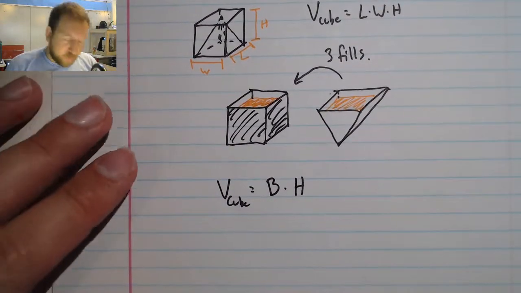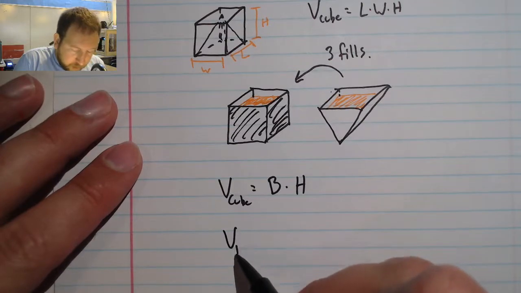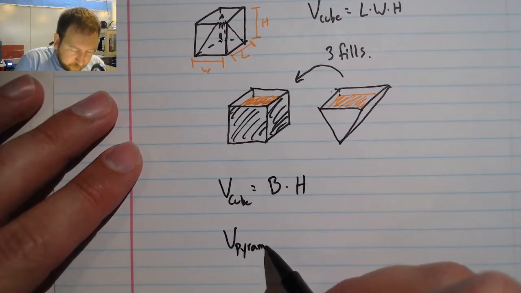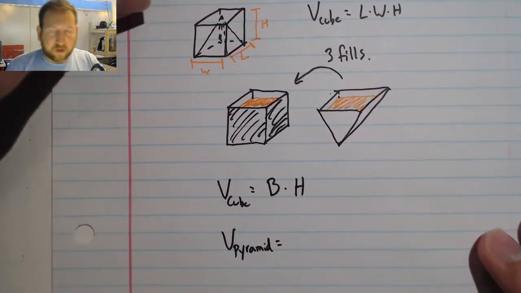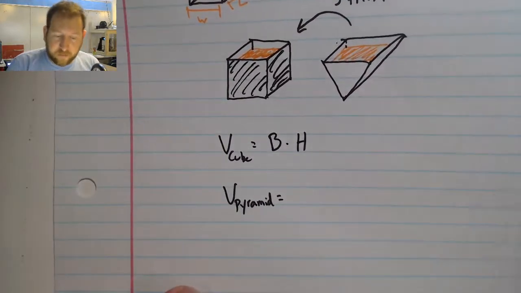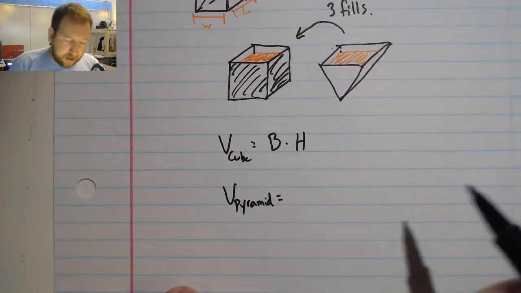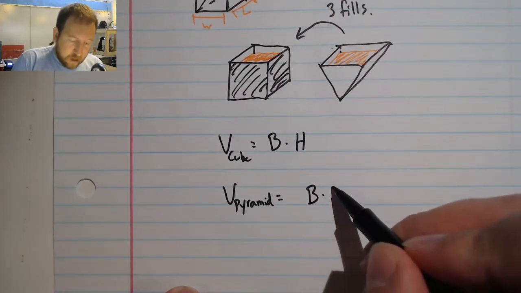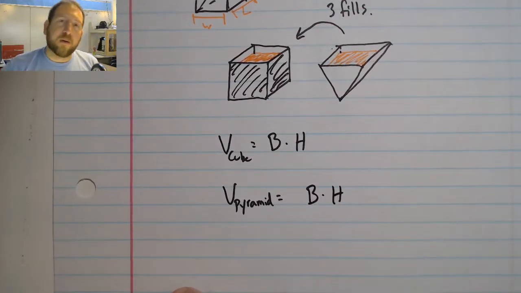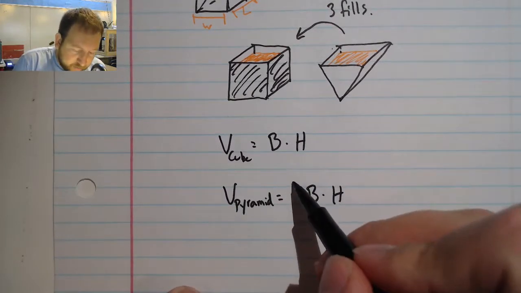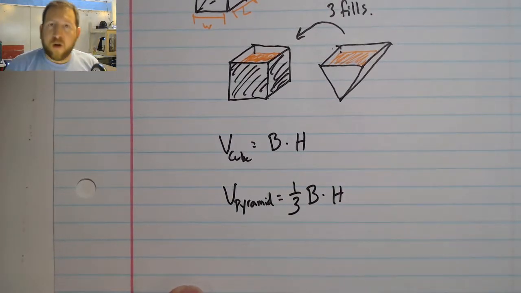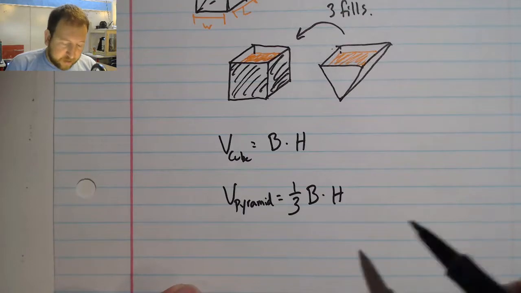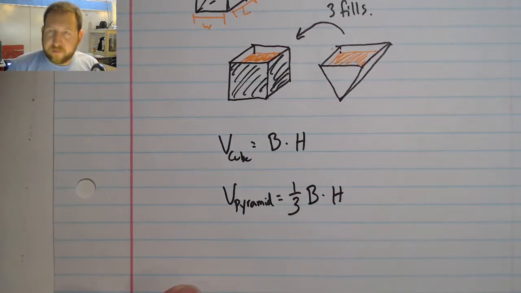But in this case, we want the volume of our pyramid. What's also interesting, and this works for any kind of pyramid, no matter the base at the bottom, is that we take the base of the pyramid, multiply it by the height, but we only want 1/3 of that total. So our formula for the volume of a pyramid looks like this: 1/3 of base times height.